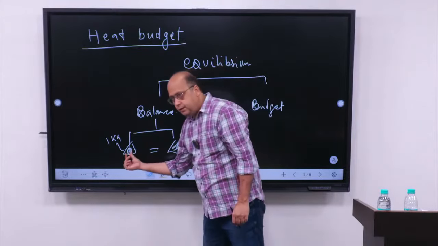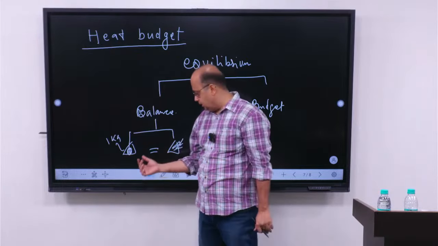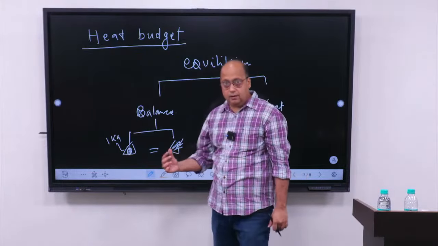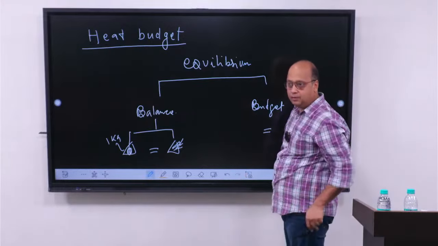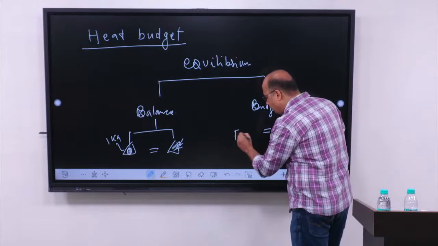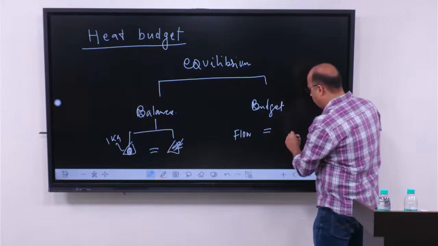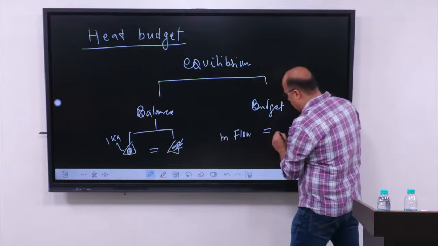What is the nature of this weight? Variable or static? Fixed, static, you know? This weight is static. Now, budget makes a balance between two variable inputs and outputs. It makes a balance between flow and flow. It makes a balance between inflow and outflow.